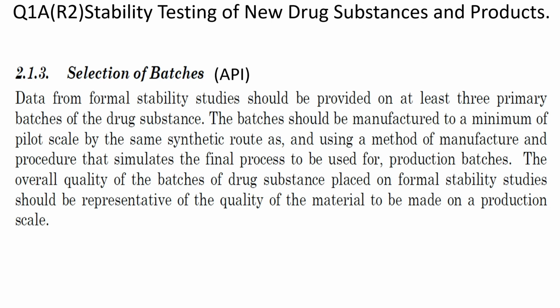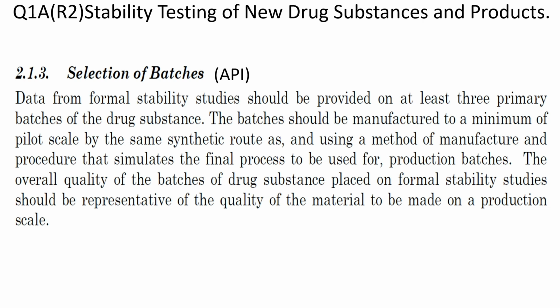So when you are doing the stability study, when you manufacture the pilot scale batch, you are going to manufacture the batch for the market. So all the synthetic process should be the same, all the manufacturing process should be the same, this should not be changed. And for the production batches, whichever container closure system you are using, that same container closure system should also be used for the stability study.